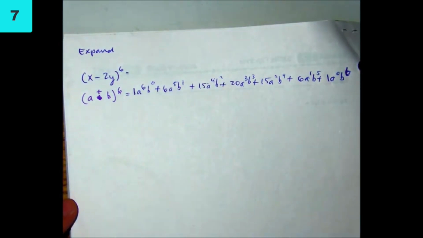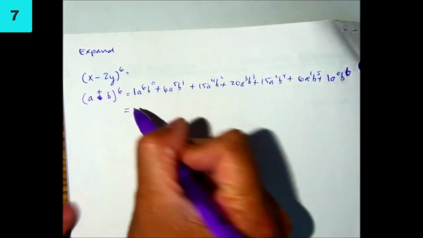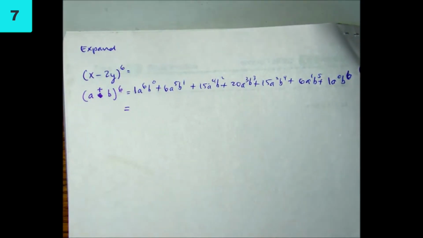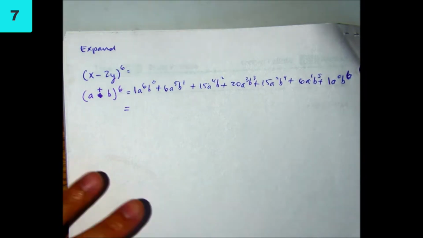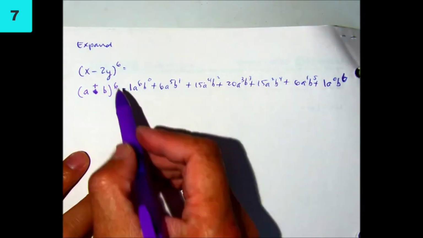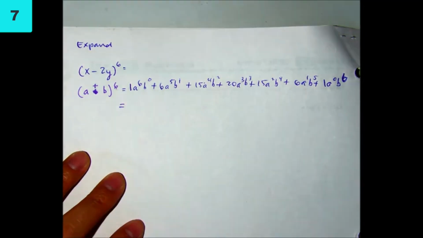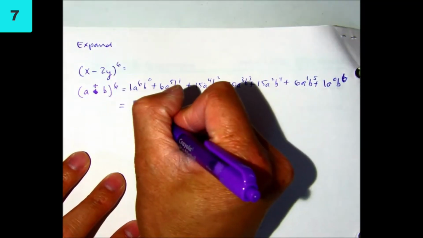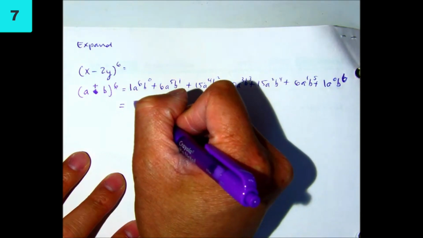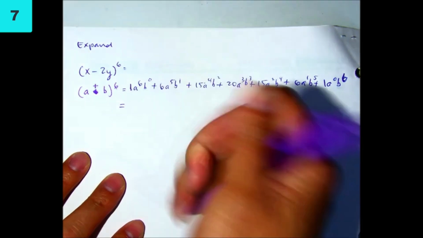Okay, and now we're just going to clean it up. Jasmine, help us clean this up. There's 1s and 0s that we don't need to write, so help us, Jasmine. Tell us basically all of these, just take out the 1s and the 0s.